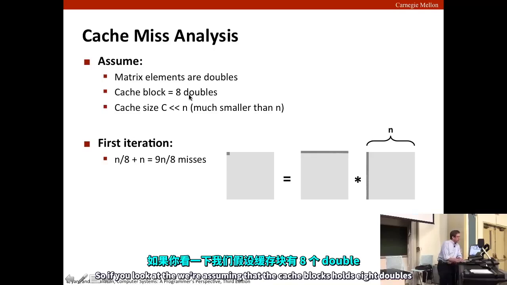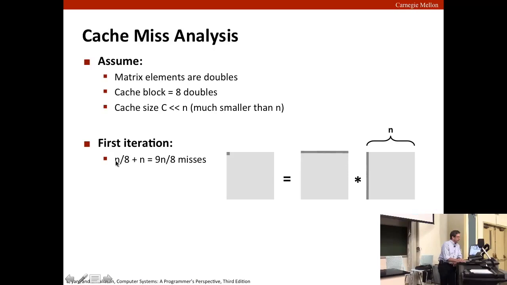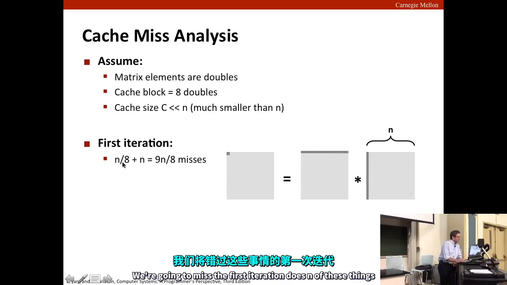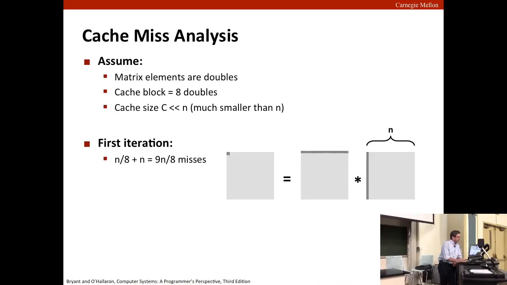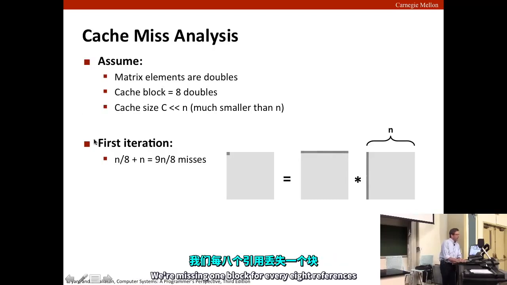We're assuming that the cache blocks hold 8 doubles and that the matrix elements are doubles, so we're going to miss 1/8 of the time. In the first iteration, which does n of these things, we're missing 1 block for every 8 references.